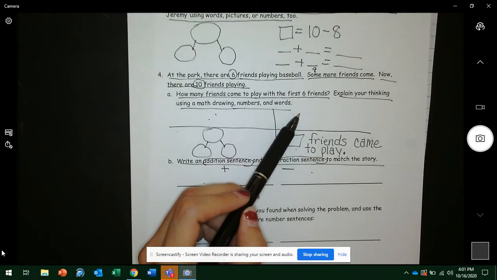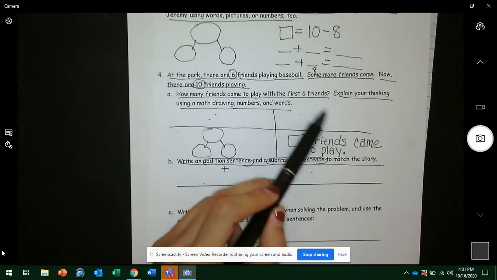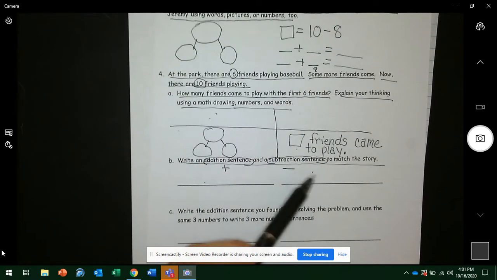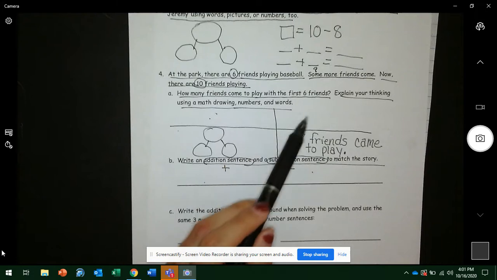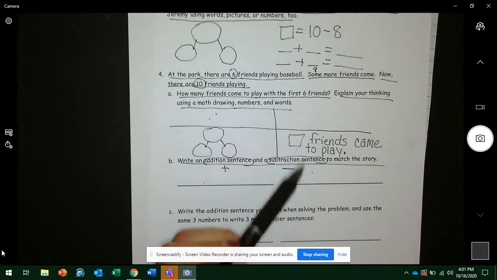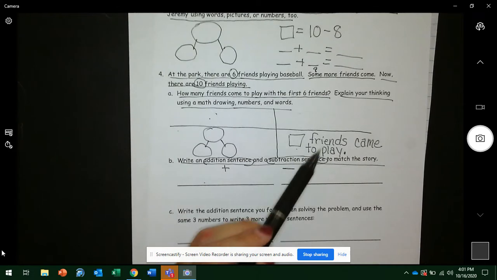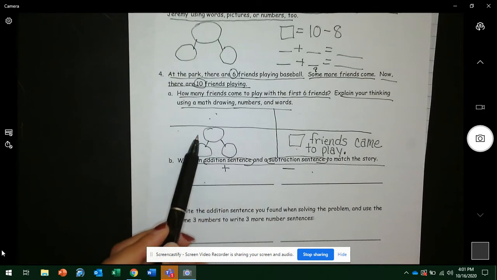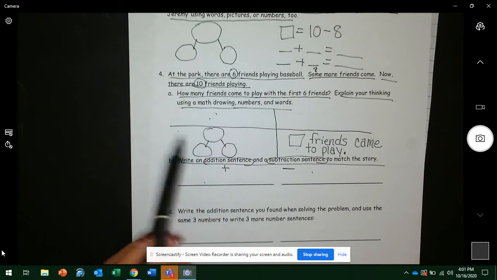You should already have one here. So you can use the same one you have here. If you have an addition number sentence, write it here. If you have a subtraction number sentence, write it here. And then make sure you have both. But remember, you're using the same part and the same whole as this number bond.